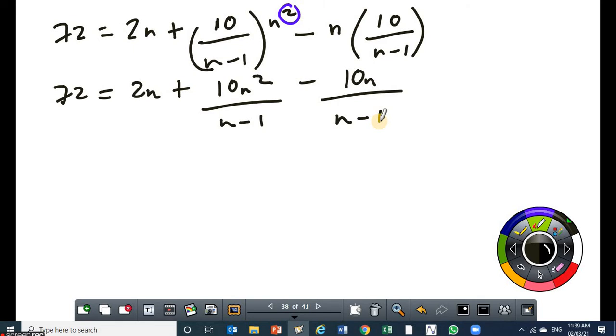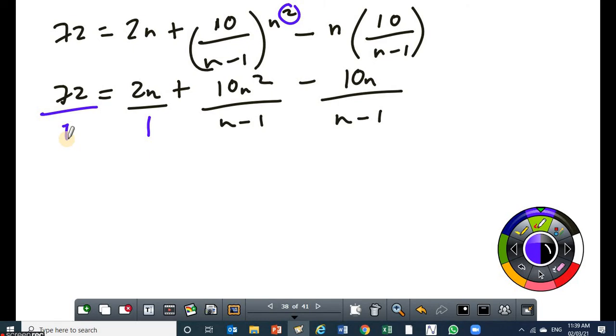Then you have to determine the LCD. The denominator of 2n is 1, the denominator of 72 is 1. So the LCD will be n minus 1.